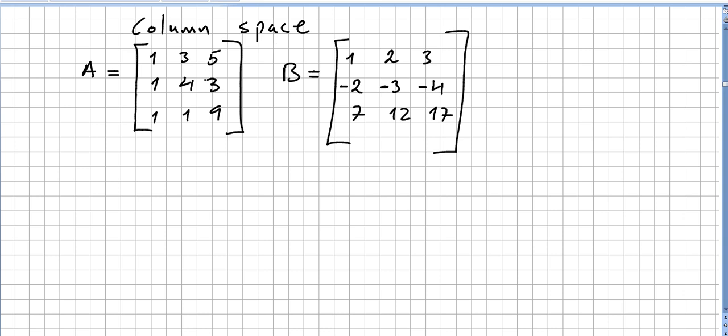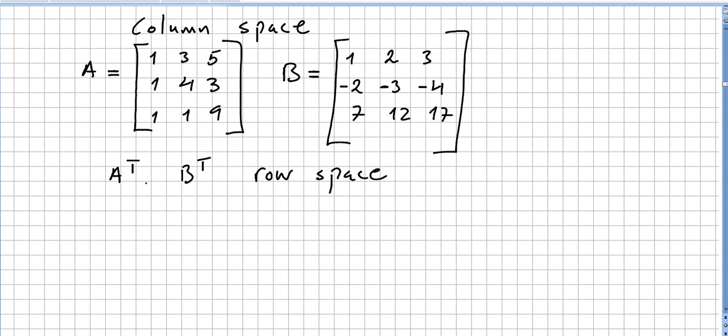We are going to determine whether the following two matrices, A and B, have the same column space. A and B will have the same column space if and only if the transposes, A transpose and B transpose, have the same row space.